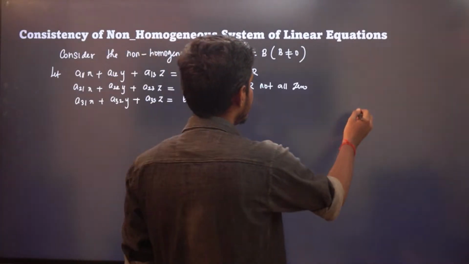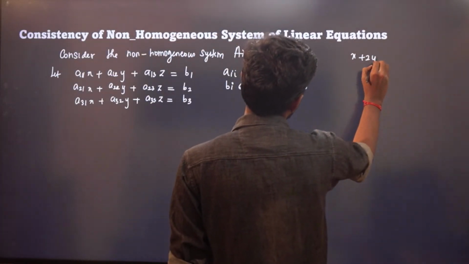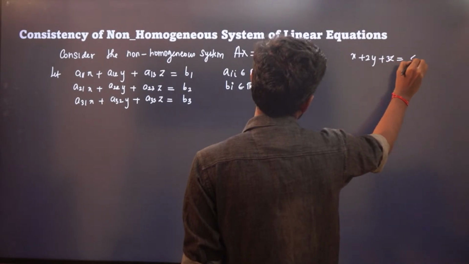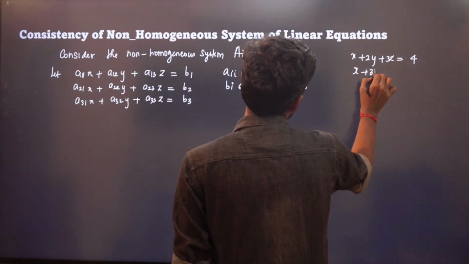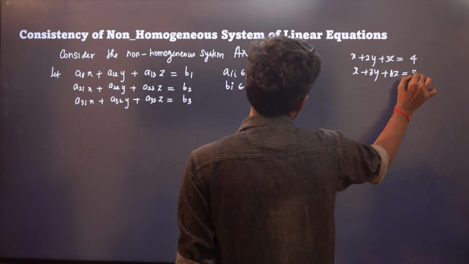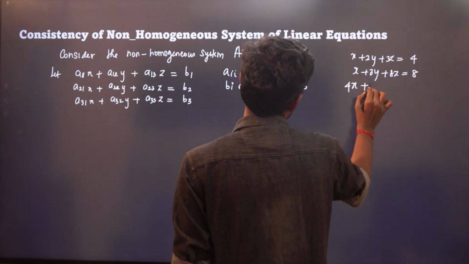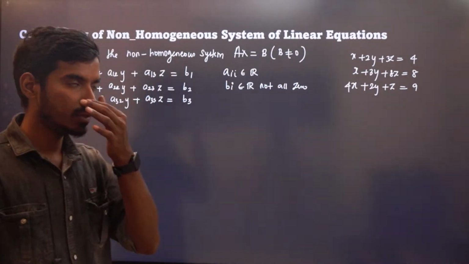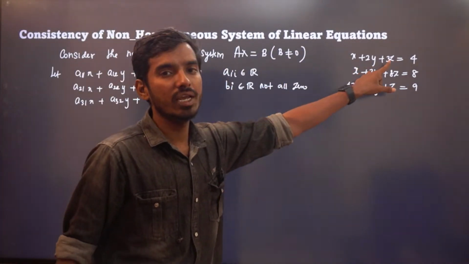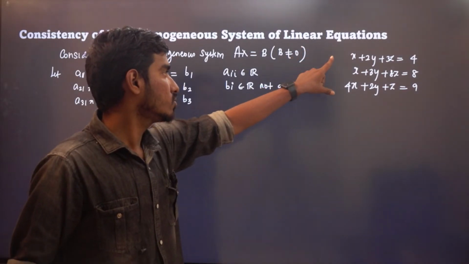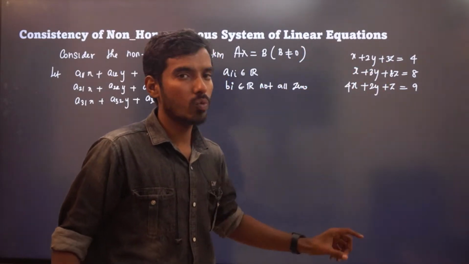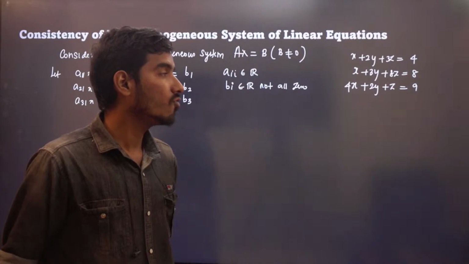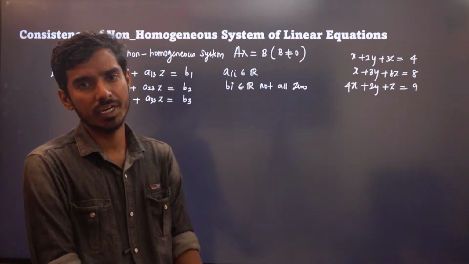For example, consider this equation: x plus 2y plus 3z is 4. x plus 3y plus 8z is 8. 4x plus 2y plus z is equal to 9. This is an example of this, right? Here you can see your a11, a12, a13, that is 1, 2, 3, 1, 3, 8, 4, 2, 1. Your output vector is 4, 8, 9, which is a non-zero vector.